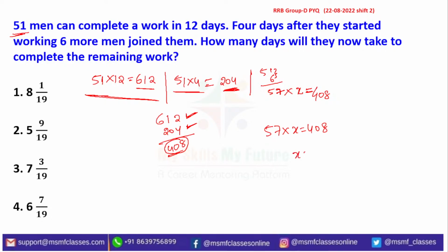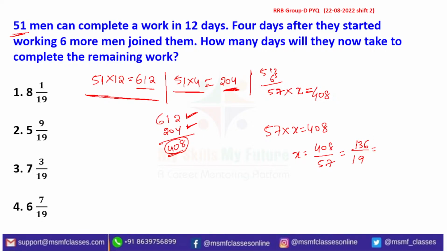So x is equal to 408 by 57. Okay, so 19 threes. Three ones are three, three nines are 27. Three ones, three threes, and three sixes.